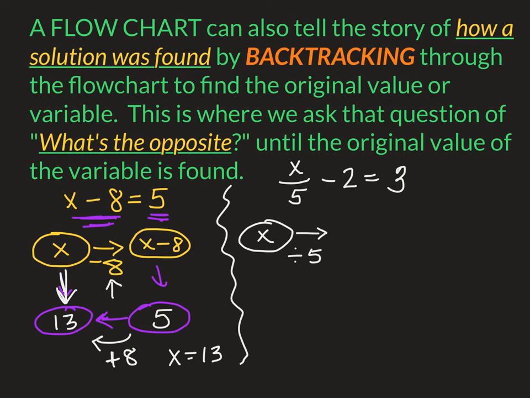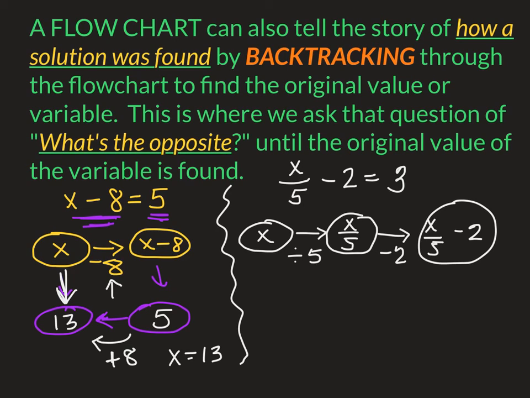So x divided by 5 gives me, of course, x divided by 5, because I'm still just dealing with the variables and the expressions. The next thing that happens to it is that we subtract 2, minus 2. So that, of course, gives us x divided by 5 minus 2. And that is the expression.